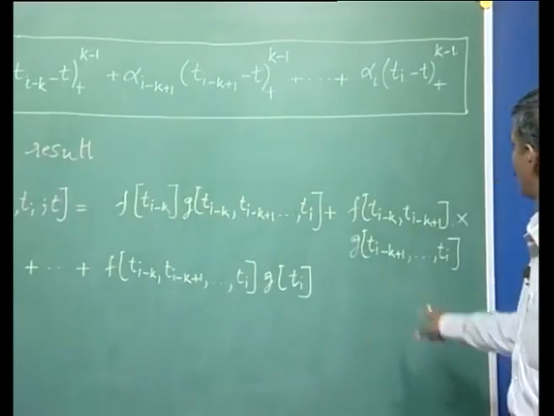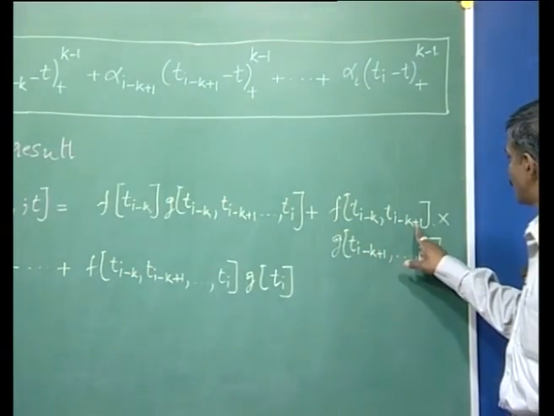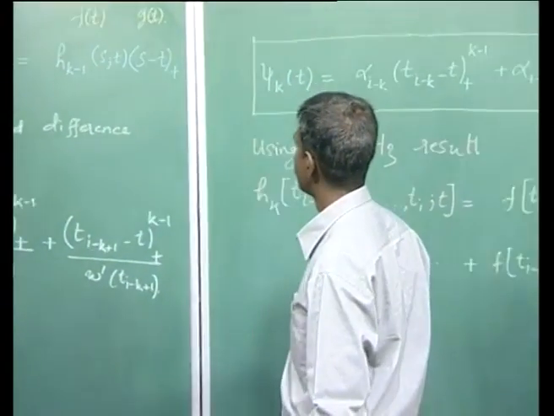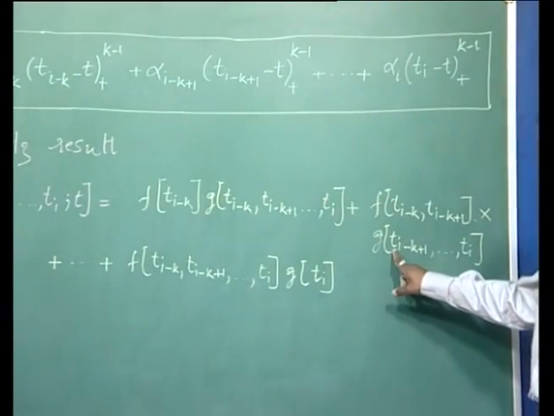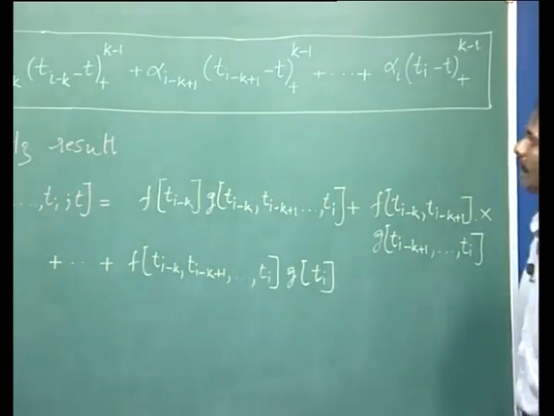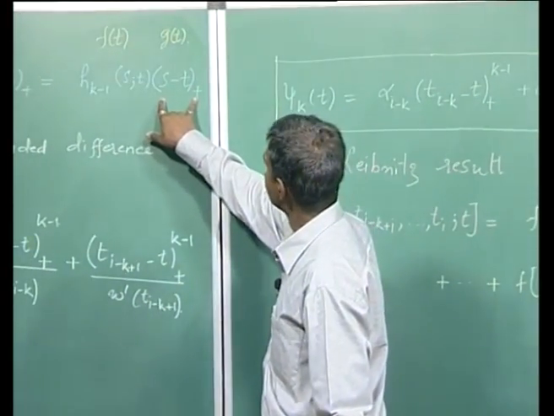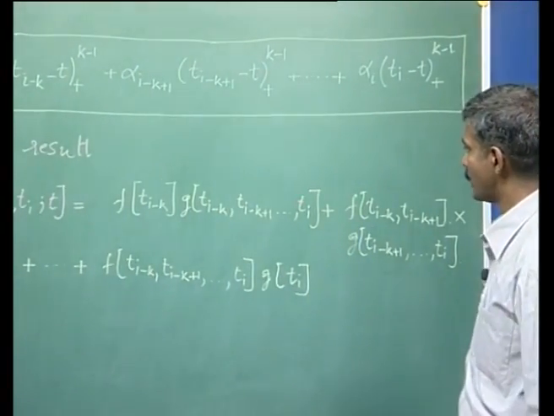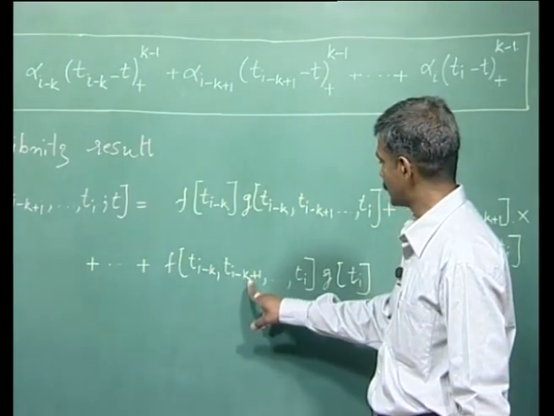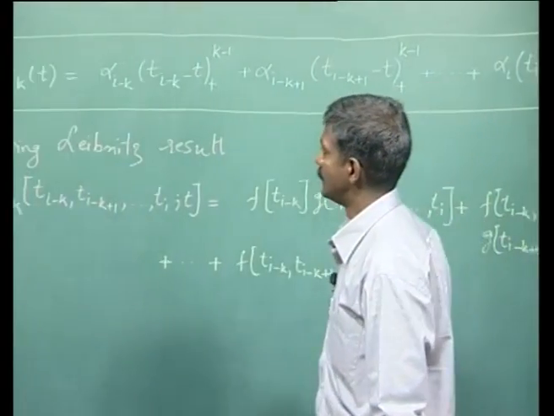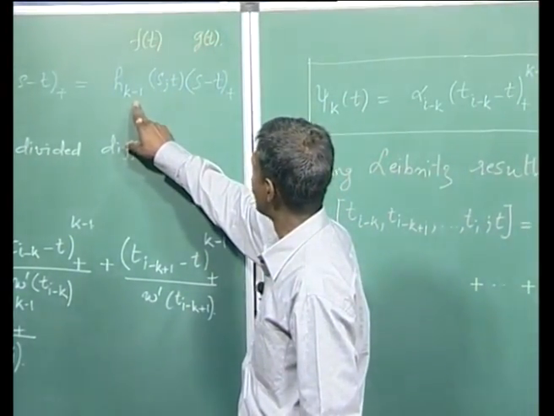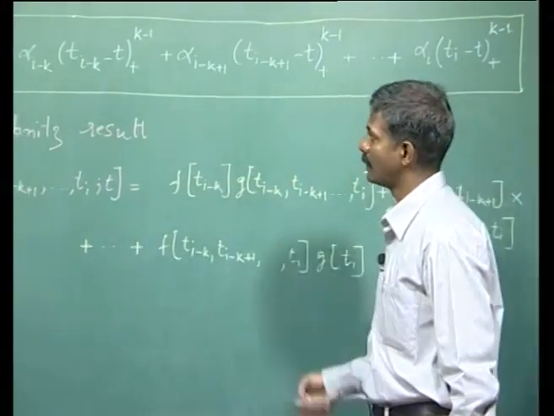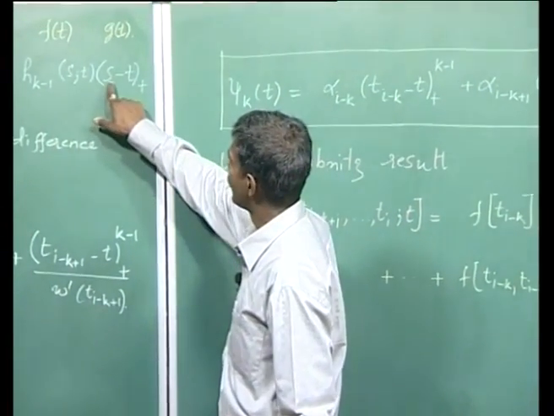How about the second term? f[t_{i-k}, t_{i-k+1}] is the first divided difference of h_{k-1}(s; t). g[t_{i-k+1}, ..., t_i] is the (k minus 1)th divided difference of (s minus t) truncated, and so on until we get the last term here. f[t_{i-k}, t_{i-k+1}, ..., t_i] is the kth divided difference of h_{k-1}(s; t), and g(t_i) is simply the value of (s minus t) truncated at s equals t_i.